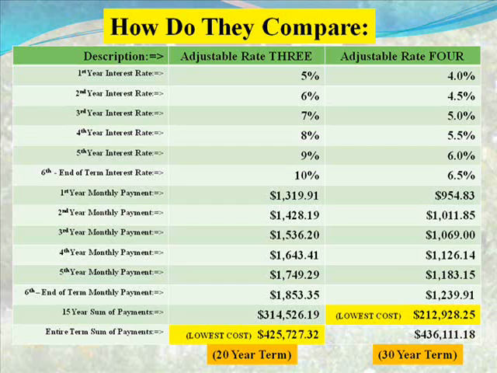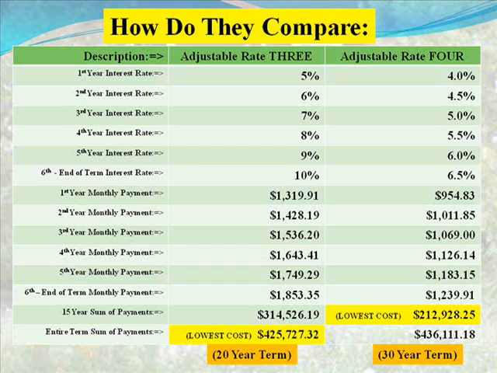And the 15-year sum of all payments for adjustable rate 4 is $212,928.25, which in this case is the lowest cost at that period. But for the total of all payments through the 30 years, it's $436,111.18.